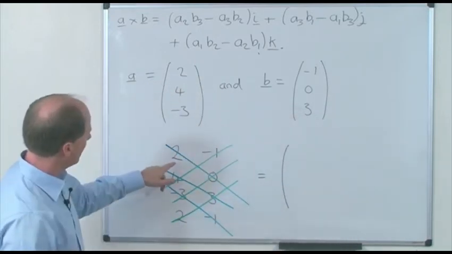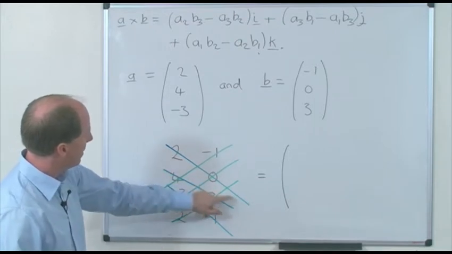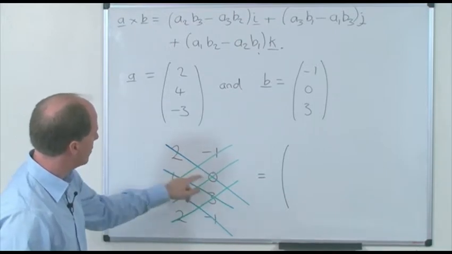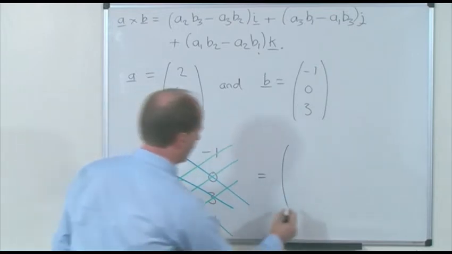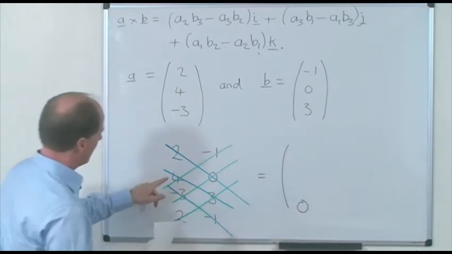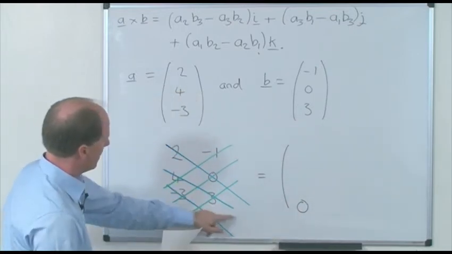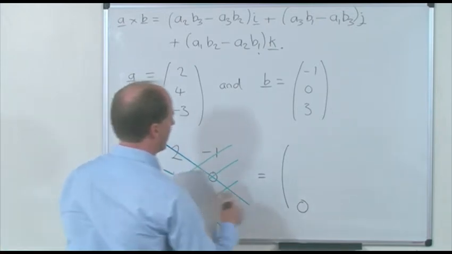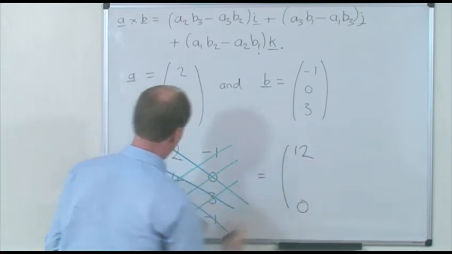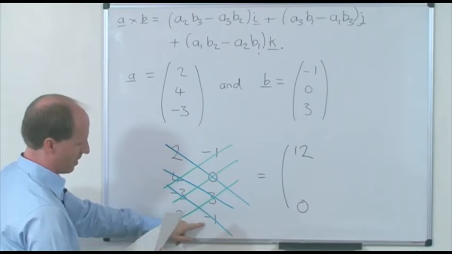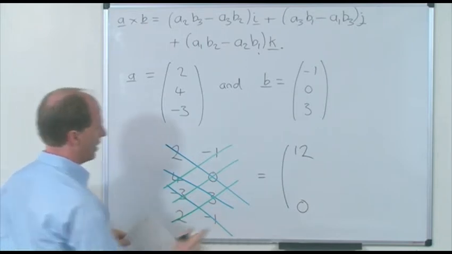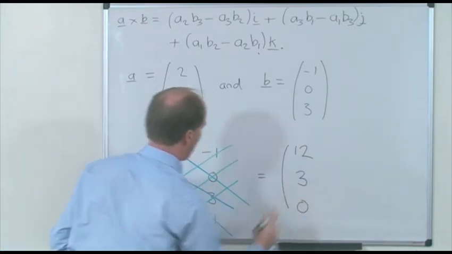So the first diagonal line here gives me the k coordinate, so that's 2 times 0, which is 0. 4 times 3 gives me a 12, and that's going to be in the i direction. And finally, minus 3 times minus 1 is going to go in the j direction.